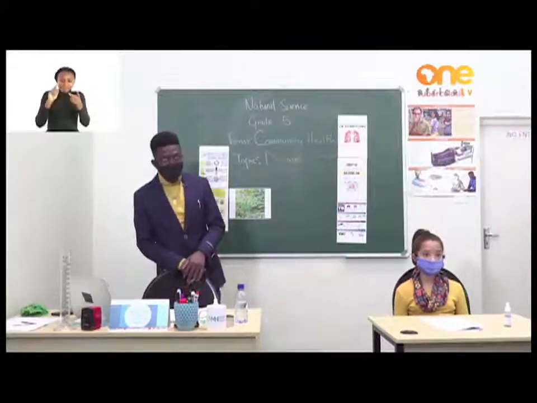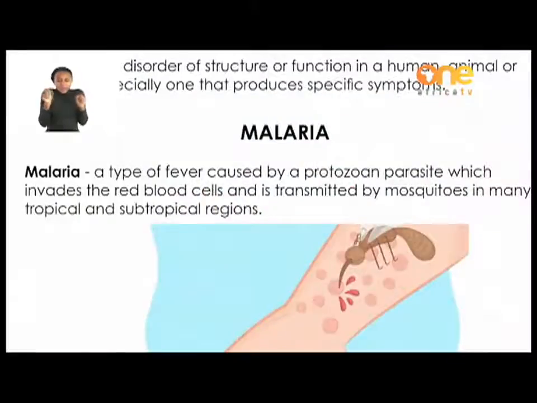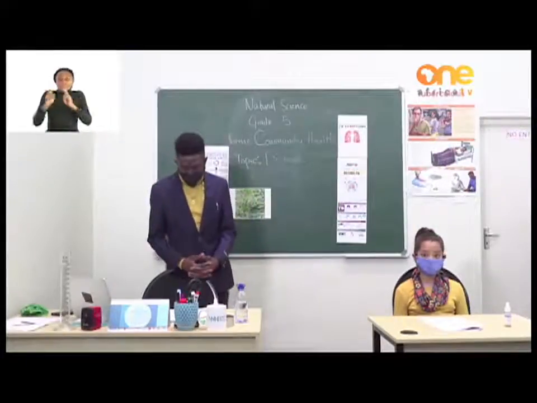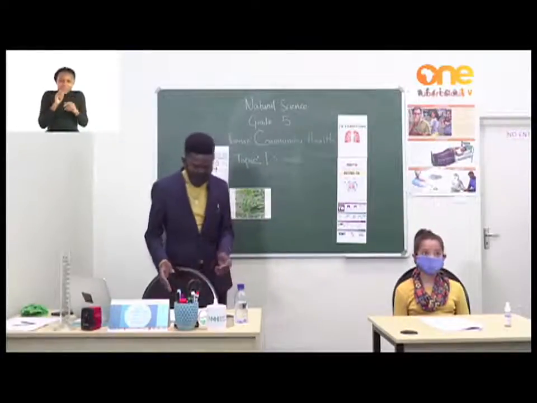Let us look at malaria. What is malaria? Malaria is a type of fever caused by a protozoan parasite which invades the red blood cells and is transmitted by mosquitoes in many tropical and subtropical regions. Okay, we'll not go into detail to explain what malaria is further.